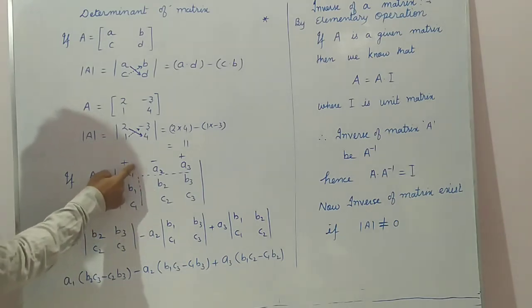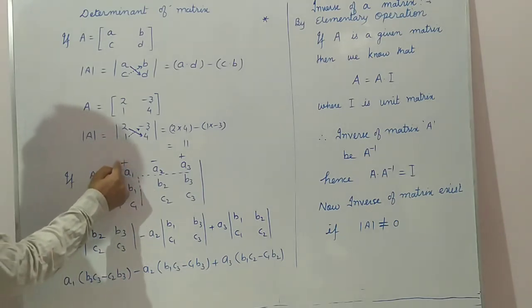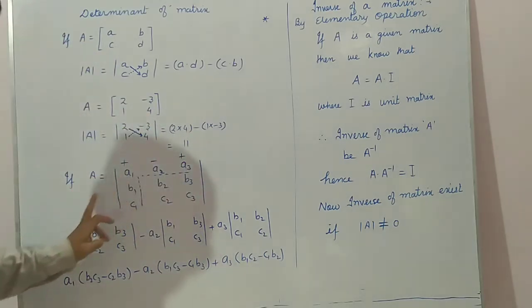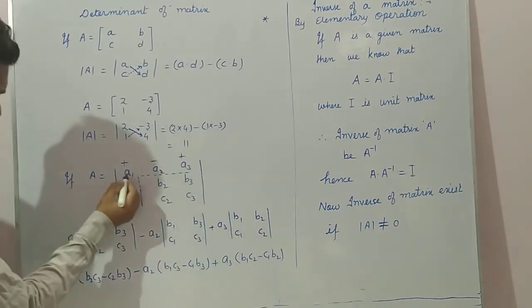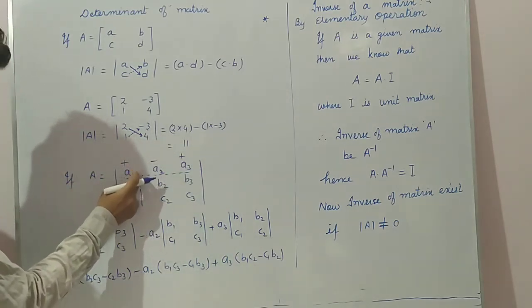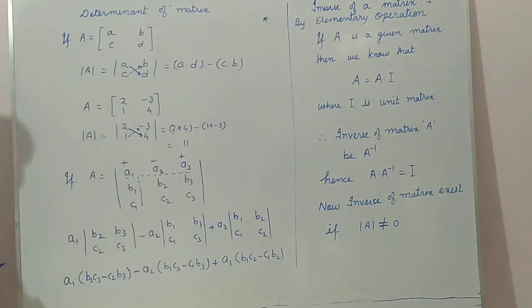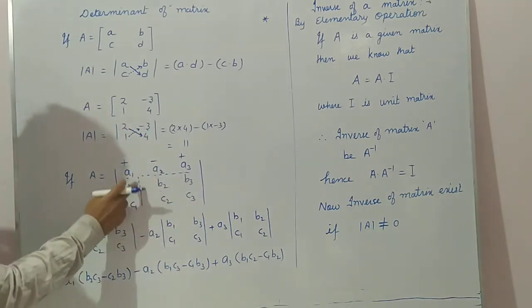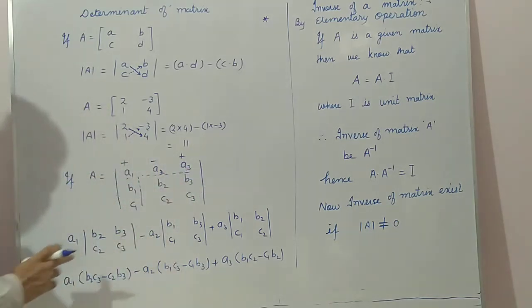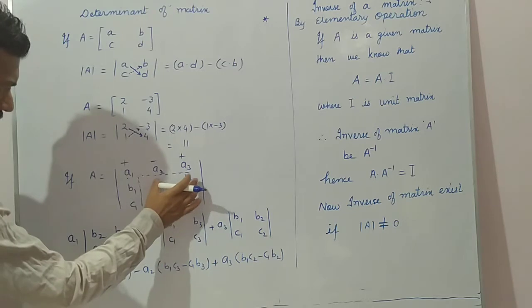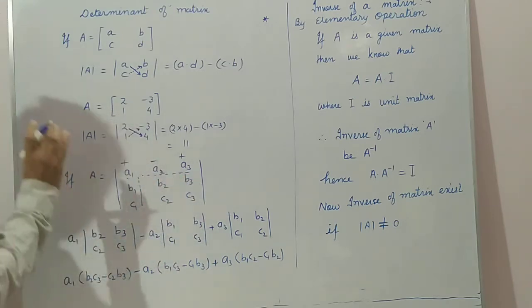First write down the signs plus, minus, plus. After that, suppose we have taken A1. Eliminate the column and row associated with A1. So you are left with B2, B3, C2, C3, and we have to find the determinant of this quantity.